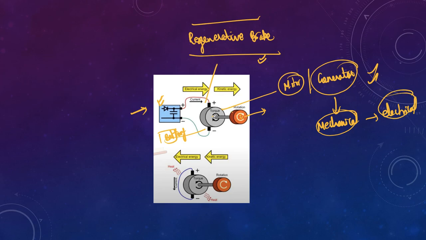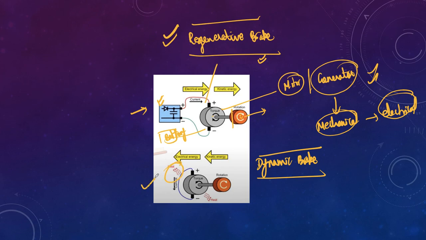Due to this, the excess energy is used here and the vehicle comes to a stop. This is how the regenerative braking system works, friends. And there is a difference between the regenerative braking system and the dynamic braking system. In the dynamic braking system, it is similar to the conventional braking system, where we lose the excess kinetic energy in the form of heat.